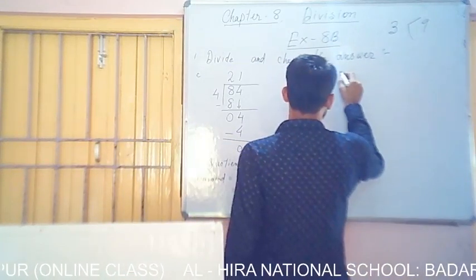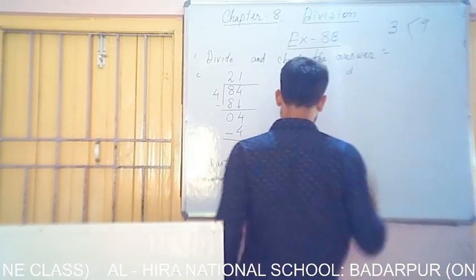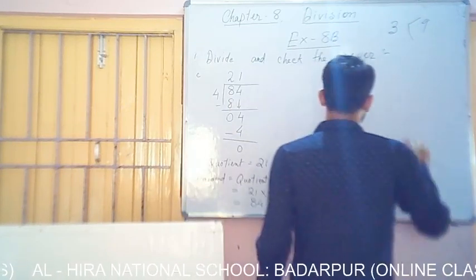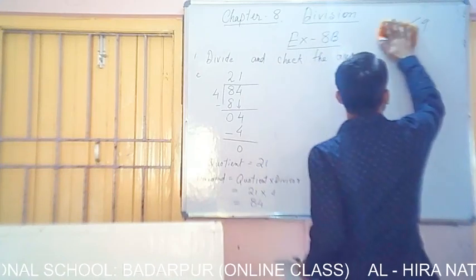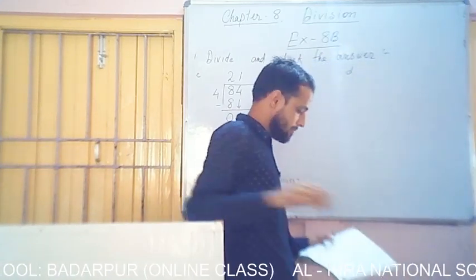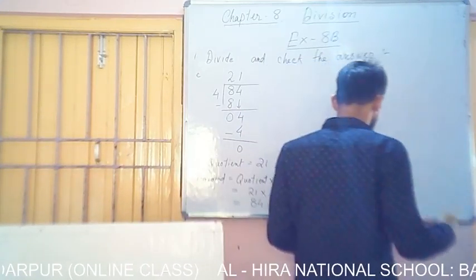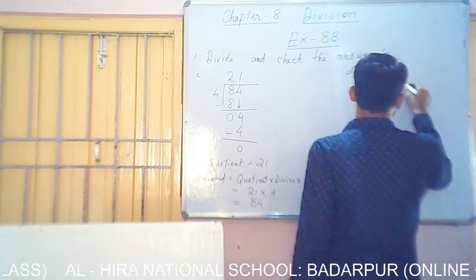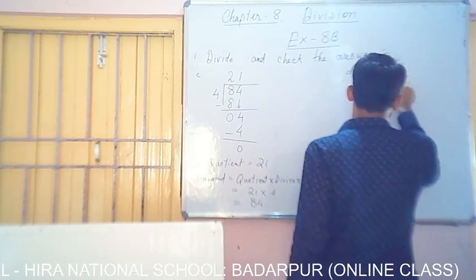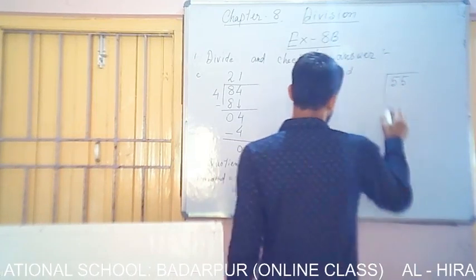Now question number D. So question number D is 55 divided by 5.